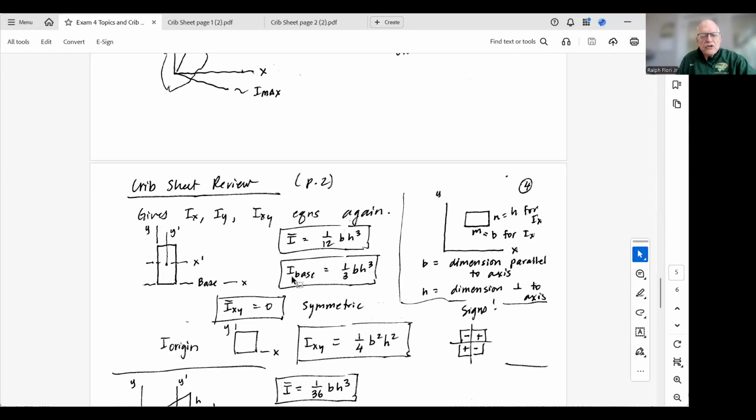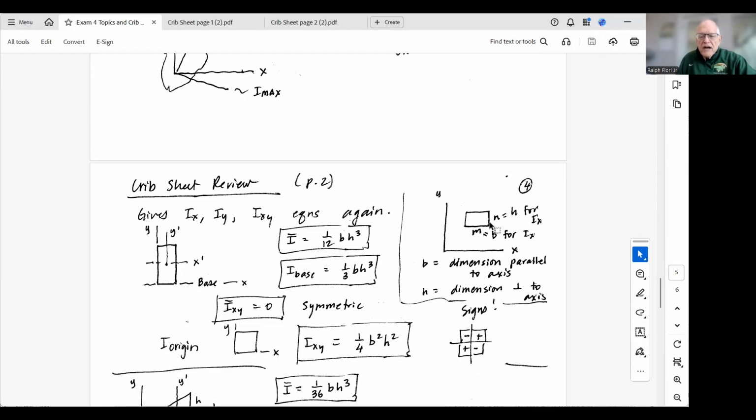I prefer to just write one I base formula, which is 1/3 b h cubed. And you can apply that about the y or the x-axis if you understand that b is always the dimension that's parallel to the axis of interest, and h is always the dimension that's perpendicular to the axis of interest.